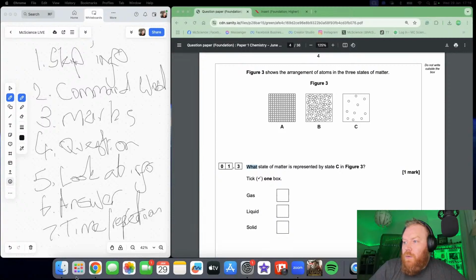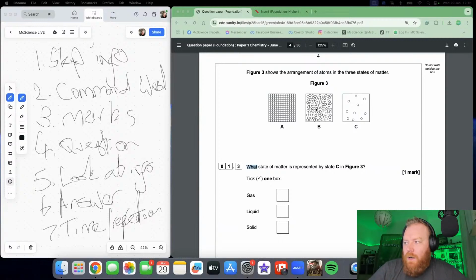And we could also, on this diagram for the gas, draw actual lines behind them showing that they're going in random directions and at random speeds as well. Whereas our solid here in A, they're in neat rows. They're all touching, organized, vibrating around a fixed position.